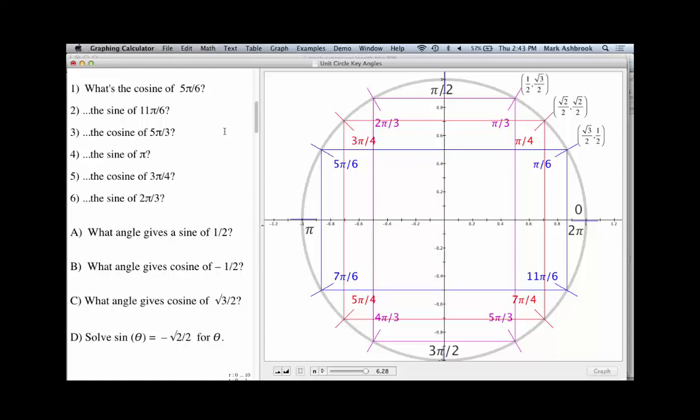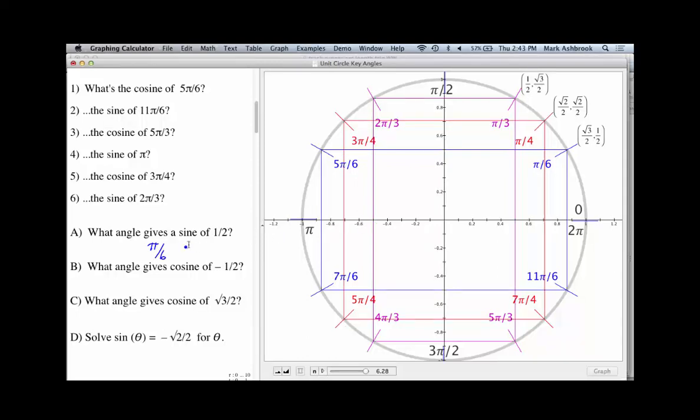Pi over 6. Agree with that? Alex, isn't there another one? What is it?